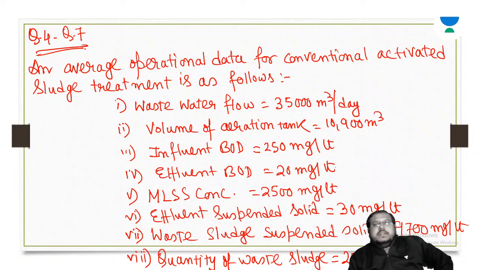An average operational data for conventional activated sludge treatment is as follows. Wastewater flow rate given 35,000 meter cube per day, volume of aeration tank, influent BOD, effluent BOD, MLSS concentration, effluent suspended solid, waste sludge suspended solid, quantity of waste sludge.